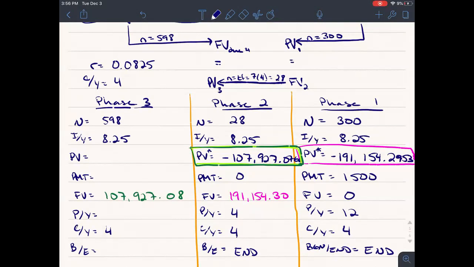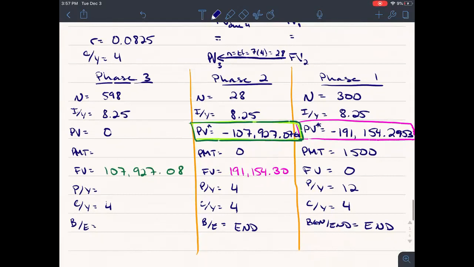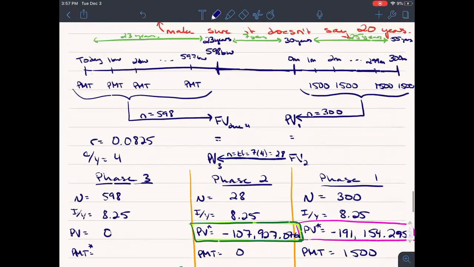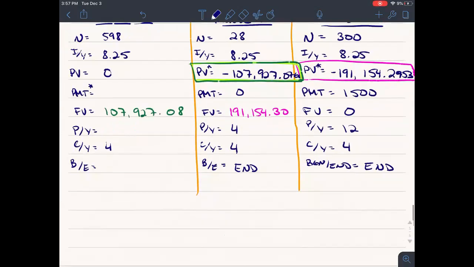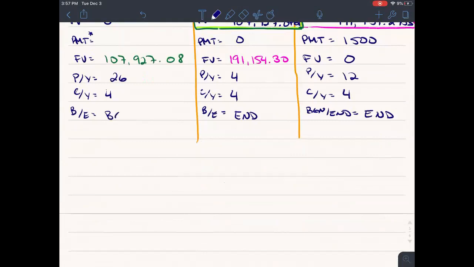The present value, we're going to start with nothing, right? So that's going to be 0. And our payment, that's what we're solving for, so I'll put a little asterisk there. And then we've got bi-weekly payments, so we've got 26. Compoundings per year is still 4. And then we have to make a note that we're in the begin mode.